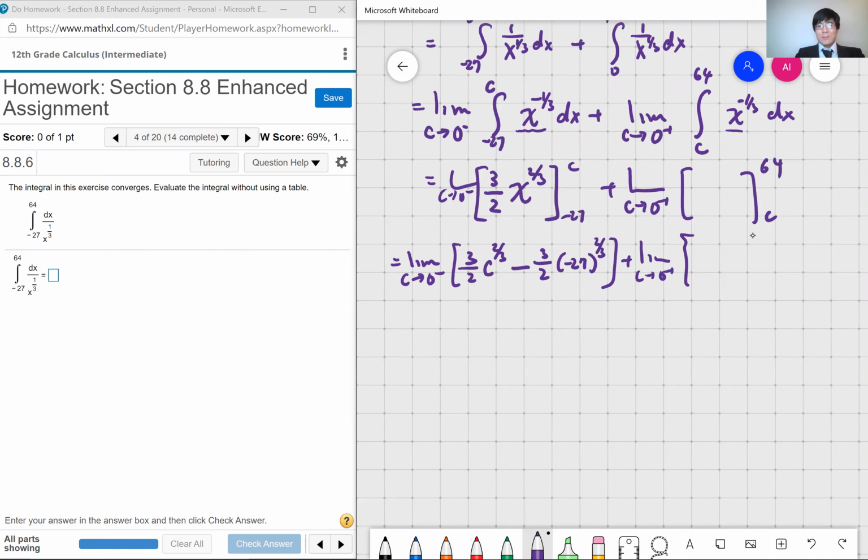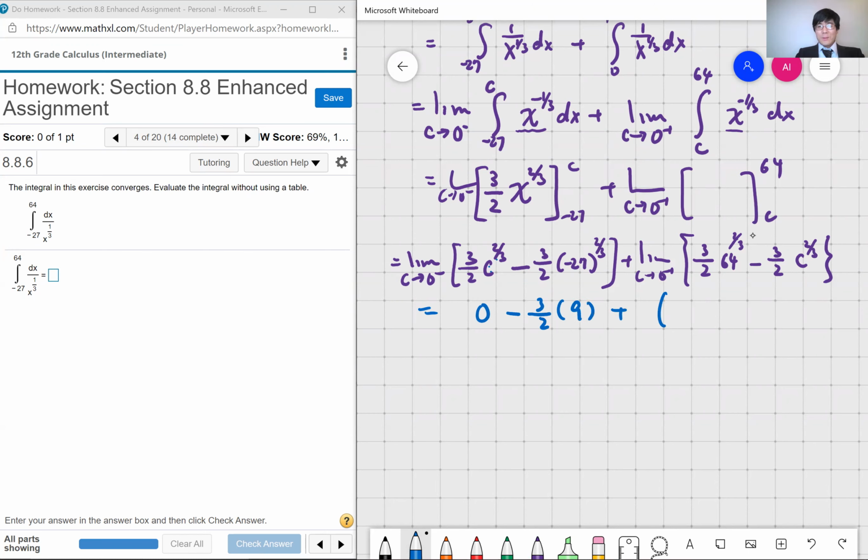The second one is 3/2 times 64 to the power of 2/3 minus 3/2 c to the power of 2/3. And plug in 0, 0 to the power of 2/3 will be 0. So it's going to be 0 minus 3/2 times, this is going to be negative 3 squared, which is 9.